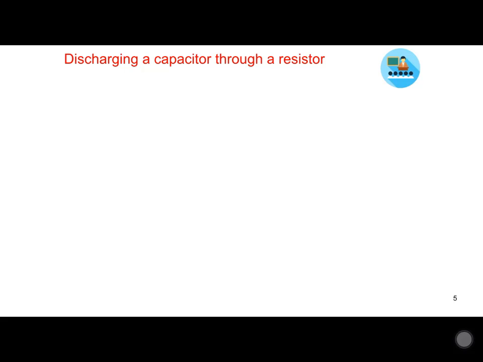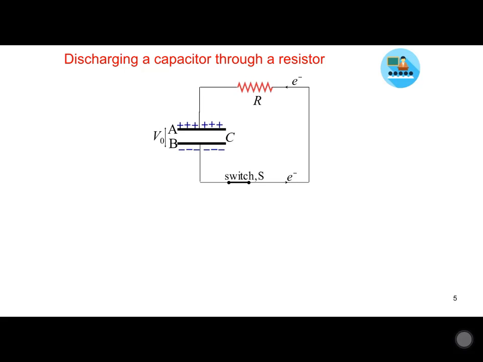Let's look at the discharging of a capacitor through a resistor. So a discharging process is a reverse process from the charging of a capacitor. So when we close the switch S, electrons from the plate B begin to flow through the resistor R and neutralize positive charges at plate A. So initially the capacitor is fully charged.